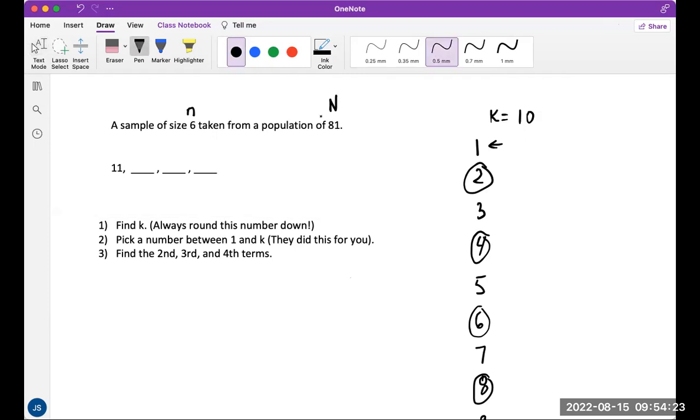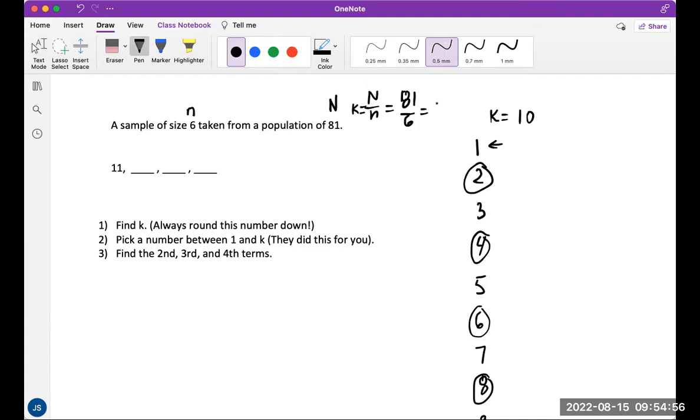So K is N, the population, divided by little n, the sample size. In our case, 81 divided by 6. Let me find that quickly. So that's 13.5.